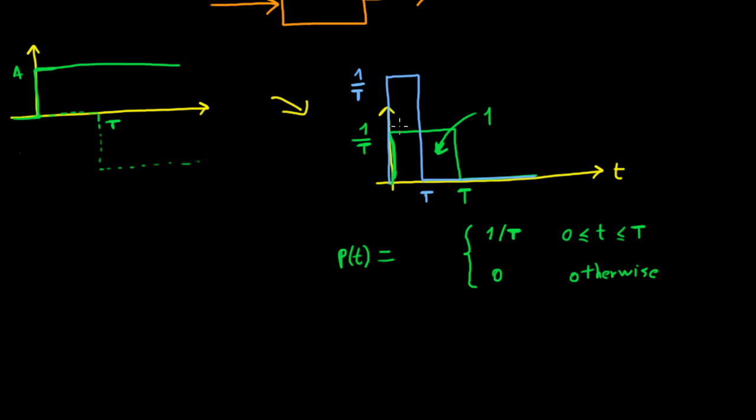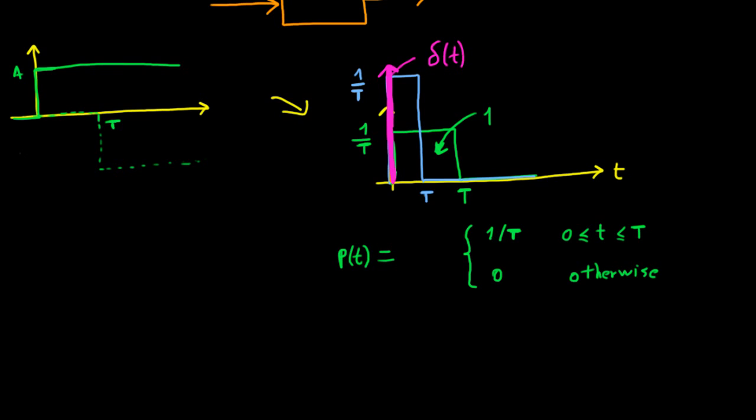This is the new T, and this is the new 1 over T. And if we keep doing that, if we keep shortening the length of the pulse, we get a function infinitely short but infinitely high. We represent it with a thick arrow, and this is the unit impulse.